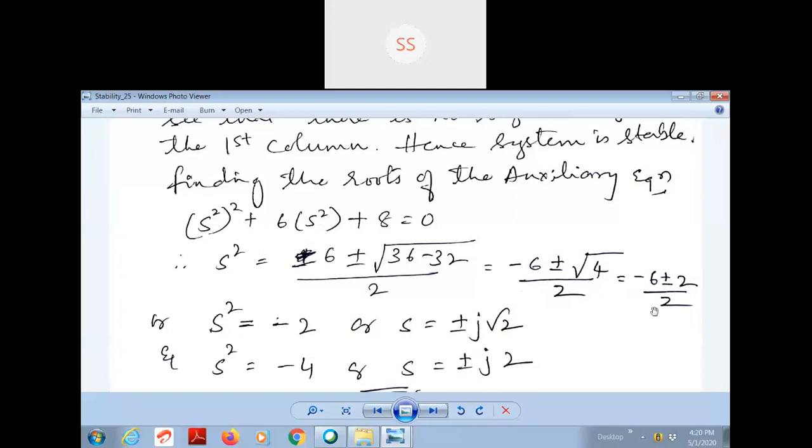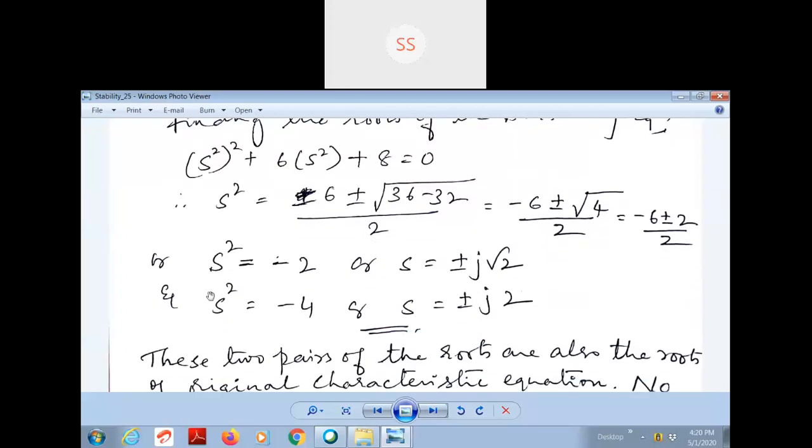Further simplifying this term, one time you have to take plus 2, other time you have to take minus 2. So when it is plus 2, s square will be equal to minus 2, or s equal to plus or minus j root 2. This is one pair of roots, that is plus j root 2 and minus j root 2.